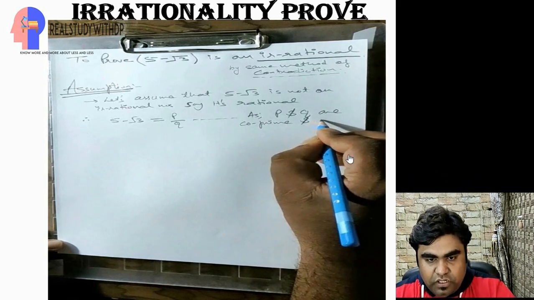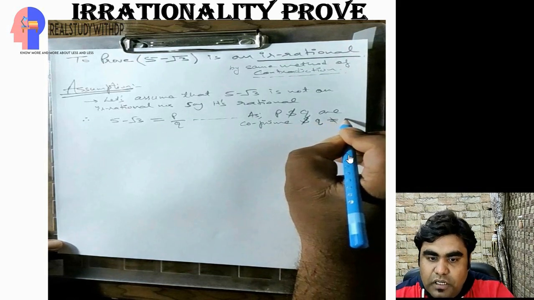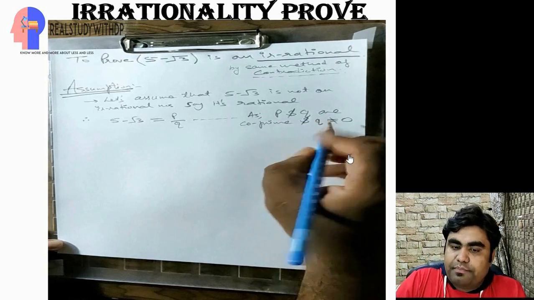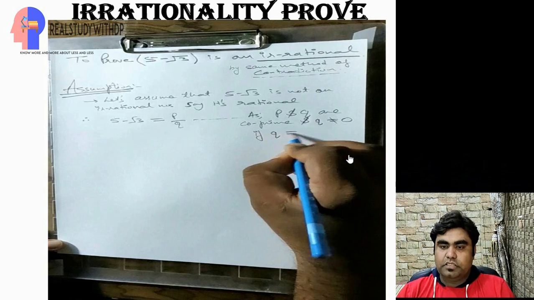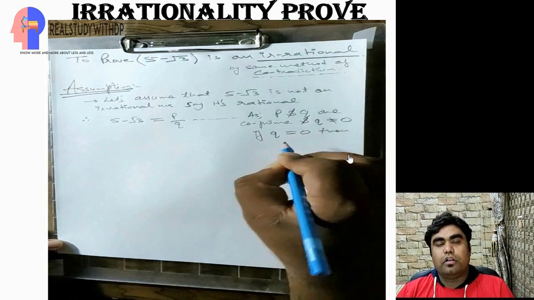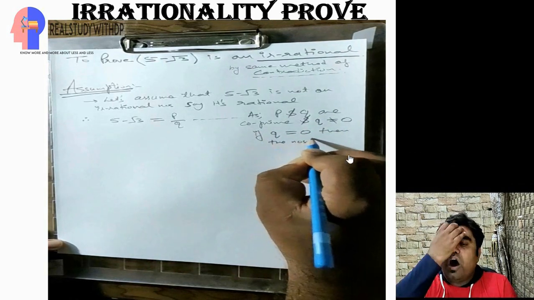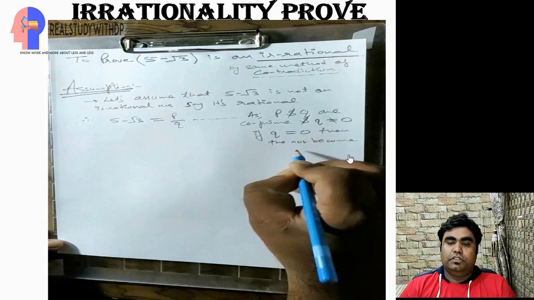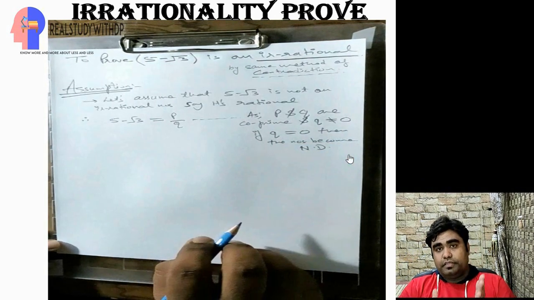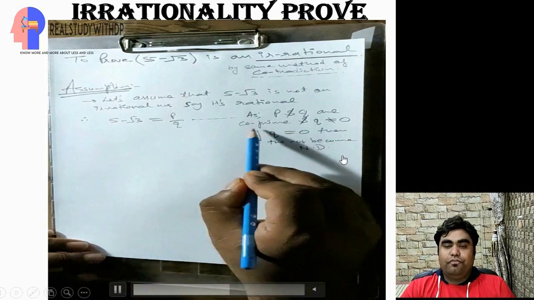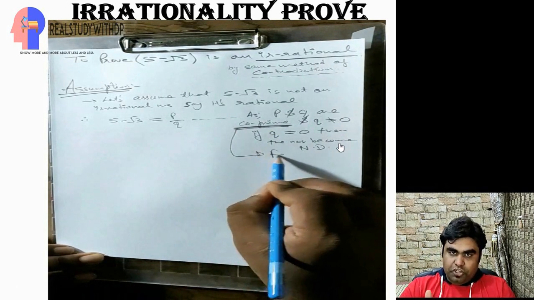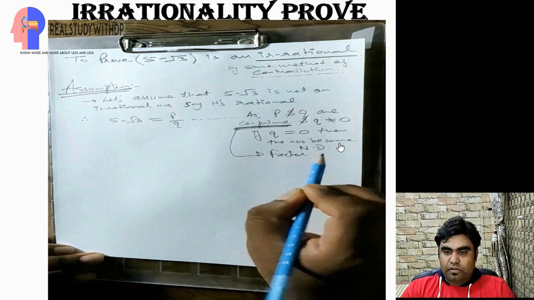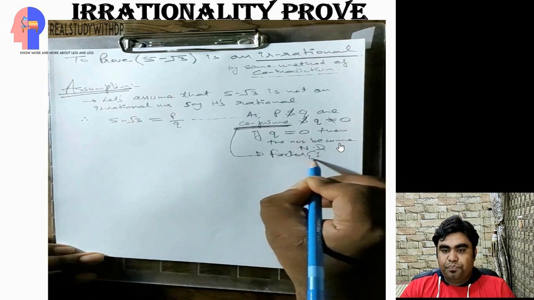So as we have assumed that it's a rational number, therefore this number can be written as p by q form. And again with the same details, p and q are such that p and q are co-prime. Co-prime means that p and q will have only one as the common prime factor between p and q.